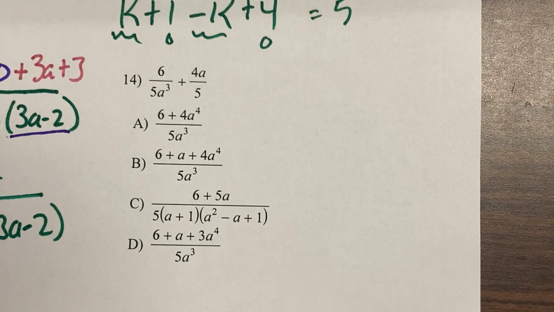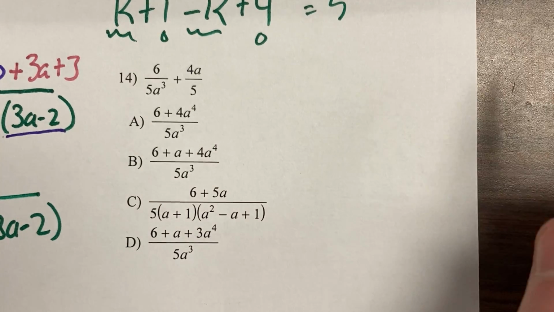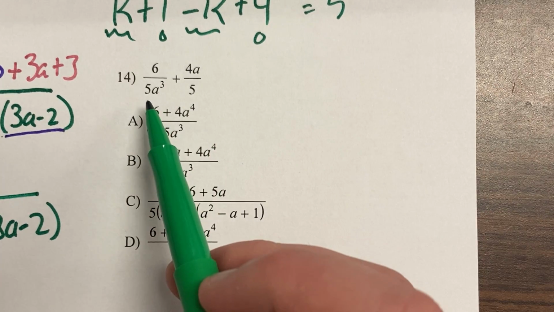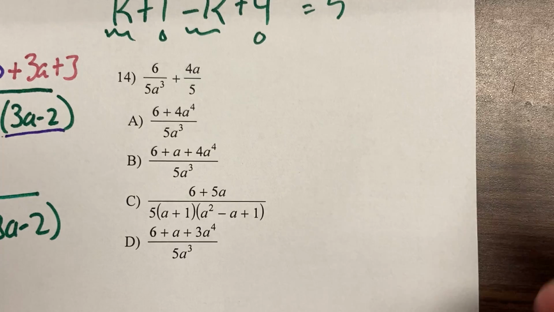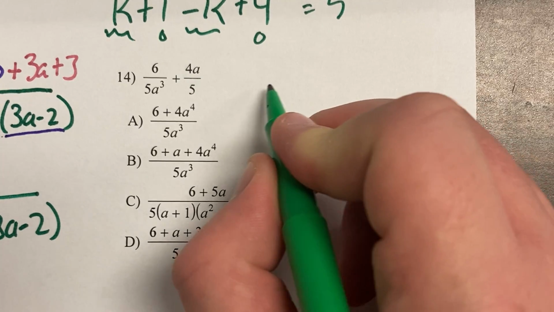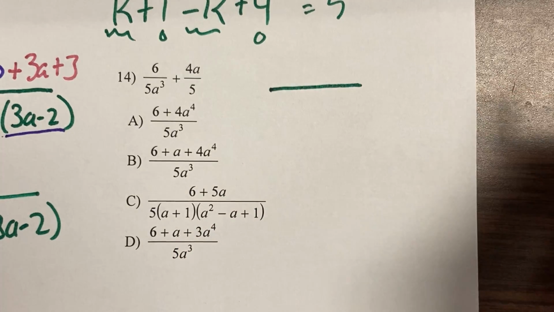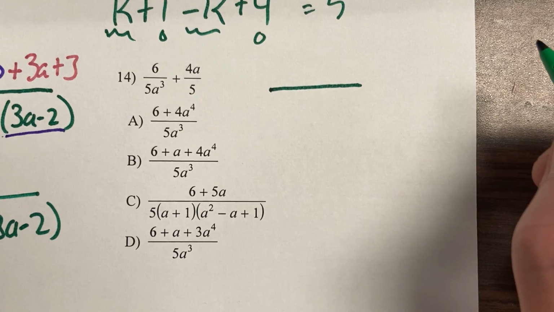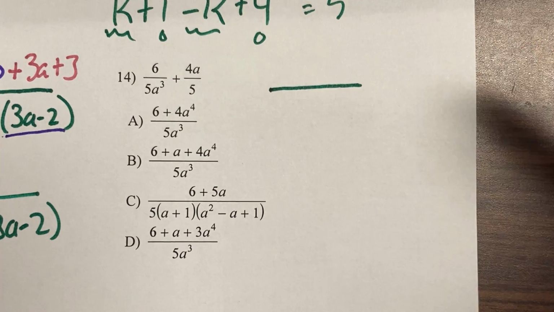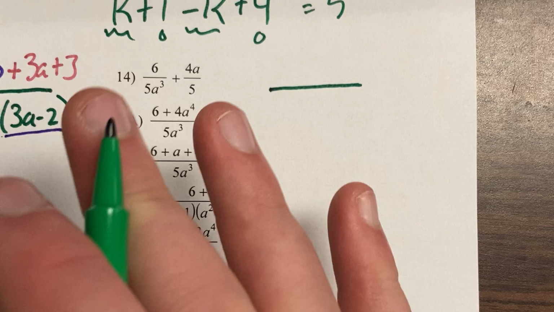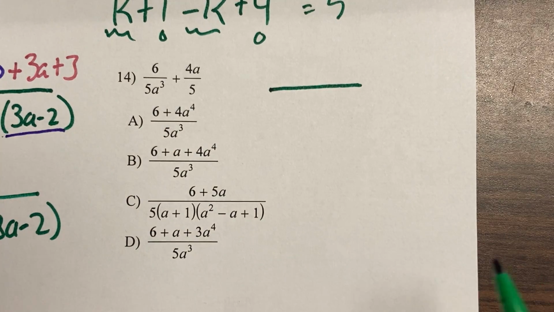All right, let's look at 14. 14, common denominator. This is 5a to the third. That already has a 5, so I don't need that, but basically you're asking yourself what does one term have that the other one doesn't.